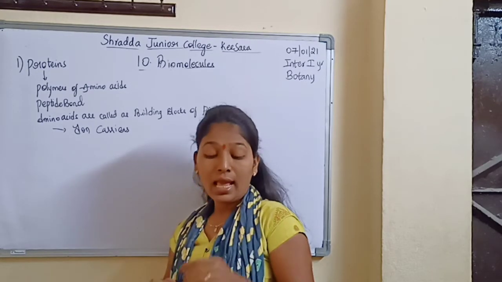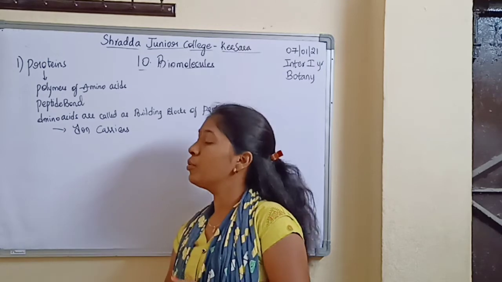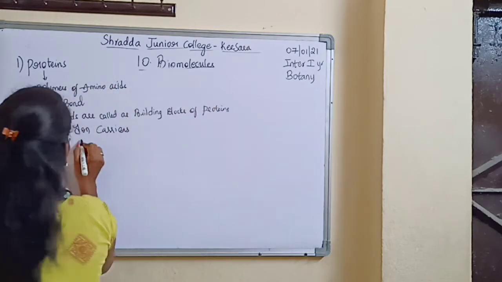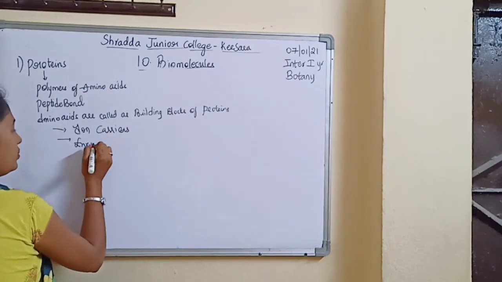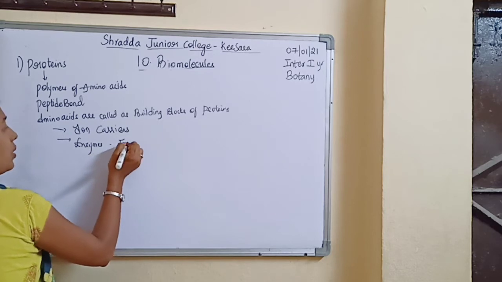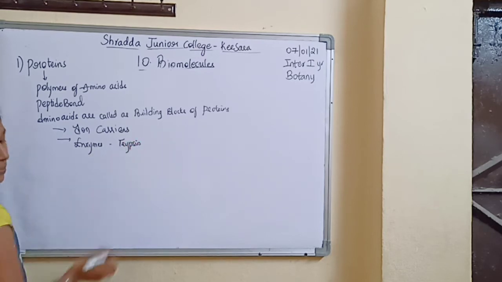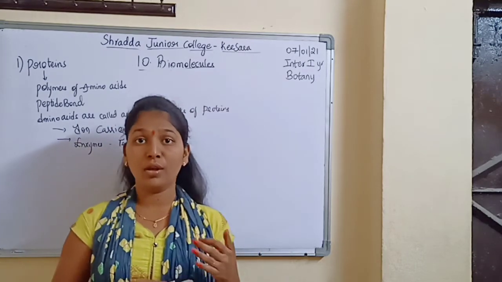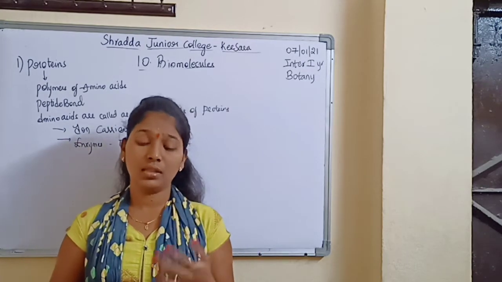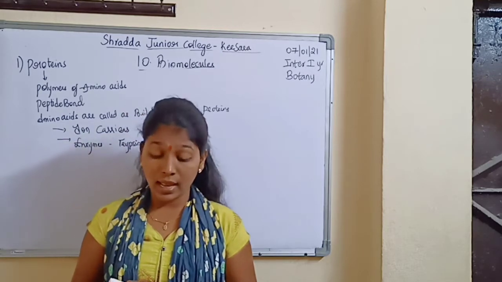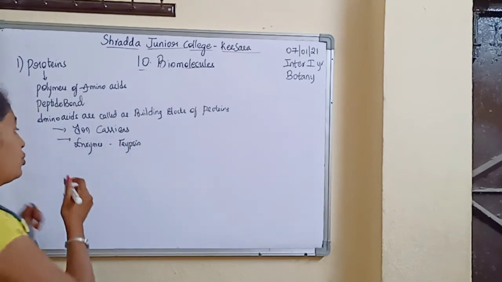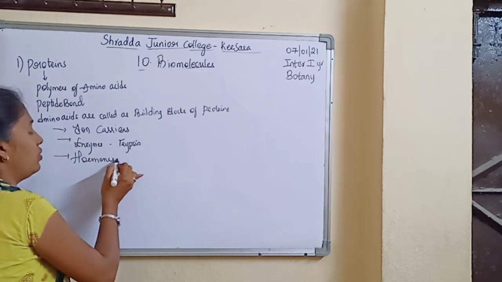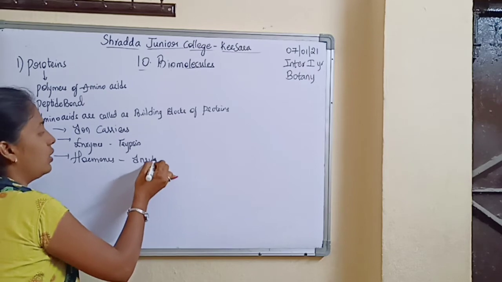Some proteins act as enzymes. For example, trypsin, pepsin, and such enzymes are nothing but proteins. And some proteins act as hormones. An example of a protein which acts as a hormone is insulin.